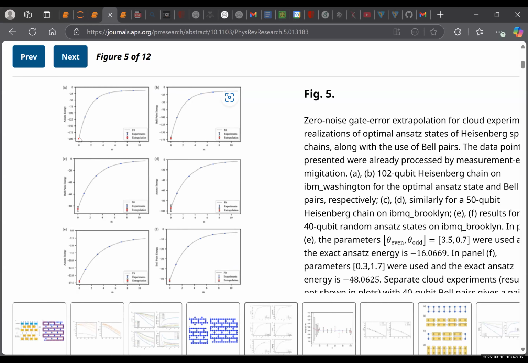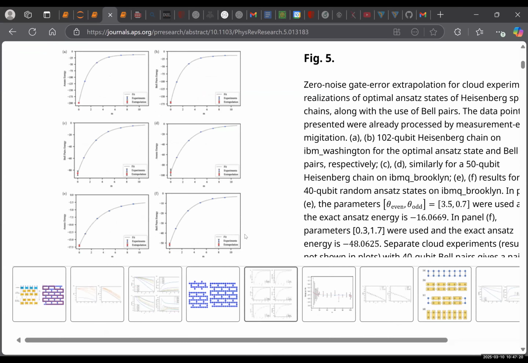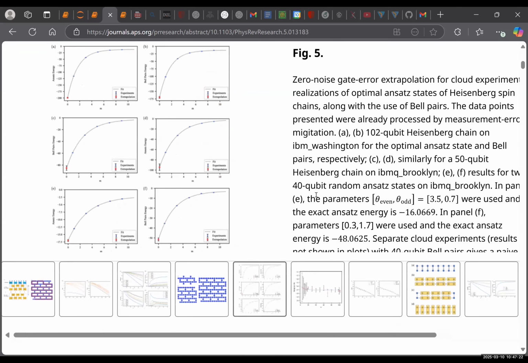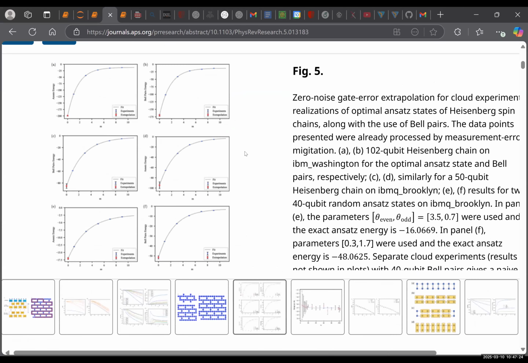That would be the ideal case. In this case, you see that it seems exponential extrapolation is the better option because you see the data does not fit linear. So we do this extrapolation. Why the more you do this inverse, it goes to 0? Because we are measuring some expectation value.